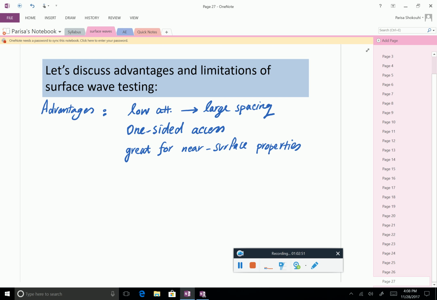You would need a very low frequency source, which is actually in practice a very hard thing to do. If you want to go very deep, you need very low frequencies. That's why people don't use surface waves for that; normally you use other methods.